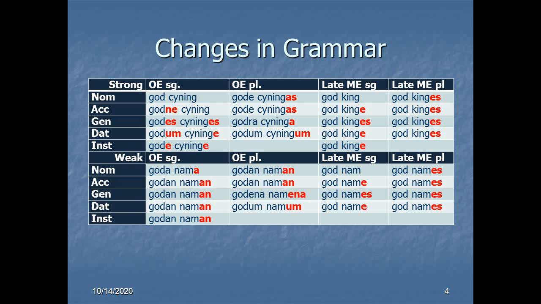Now, one thing you might notice here in the Middle English is there are those terminal e's in some of the singular oblique cases. So in the strong nouns, in the dative and instrumental, good kinge, and in the weak nouns, in the accusative and dative, good name. I didn't mention those when I was talking about the loss of case endings, so I should probably say something about them now.